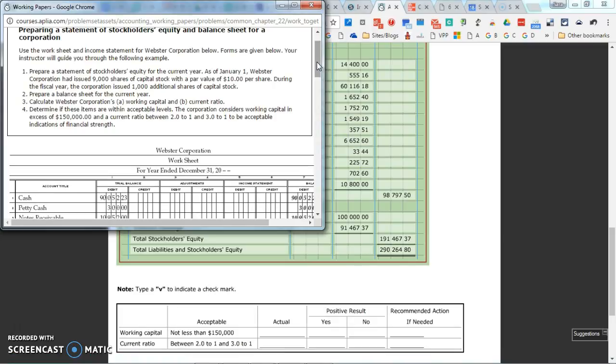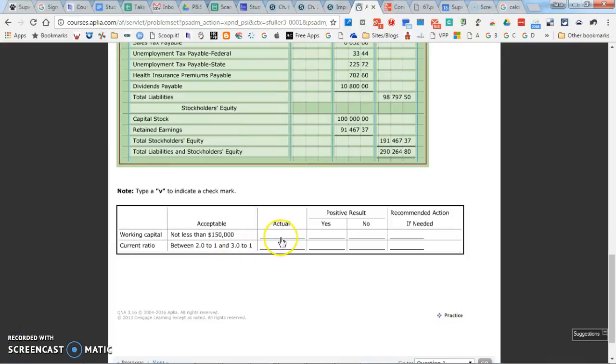Okay, then the last thing that we have to do is calculate our working capital as well as our corporation working capital and current ratio. And so we're just going to do that here. Okay, to calculate our working capital, you take your current assets, make sure you're getting the current total, minus current liabilities.